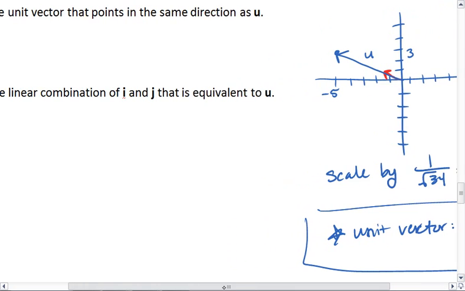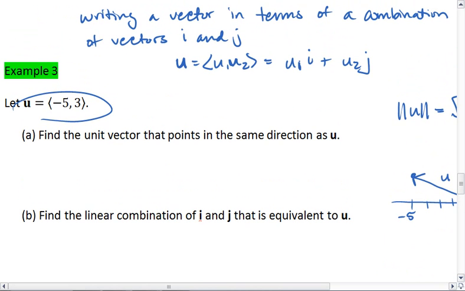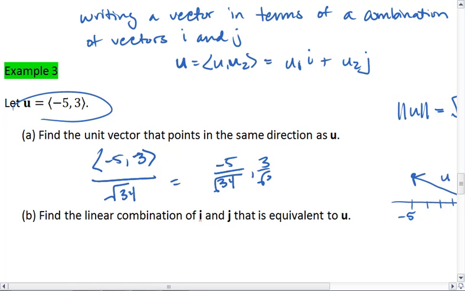So what we do here is we say that the unit vector of u is going to be the vector negative 5, 3, scaled by reducing by root 34, which we can write as negative 5 over root 34, 3 over root 34, or again, if you prefer your decimals, this is the same as negative 5 over 5.831 and 3 over 5.831.